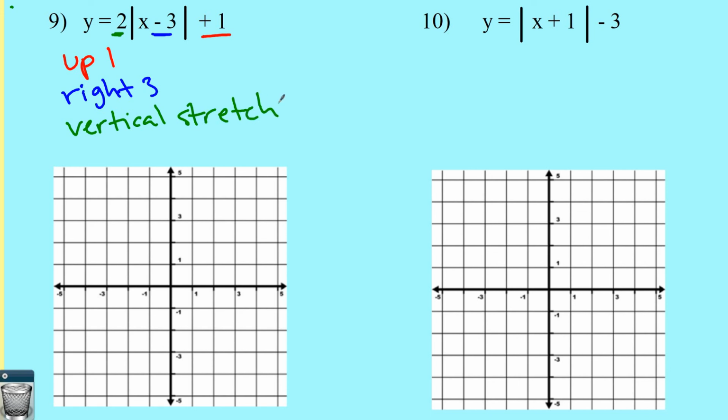All right, let me show you this neat little trick. I'm going to go up 1 from the origin, and then right 3, and end up here. Up 1, right 3, I end up here. And now I know it gets skinny. I'm going to show you something really cool with this a value out front.